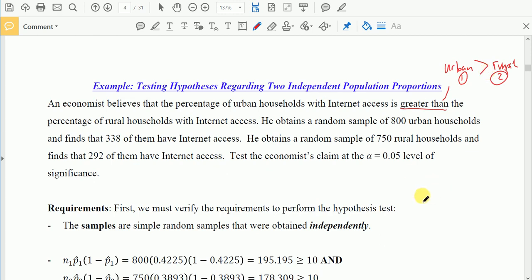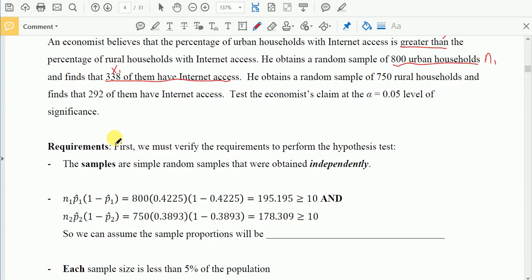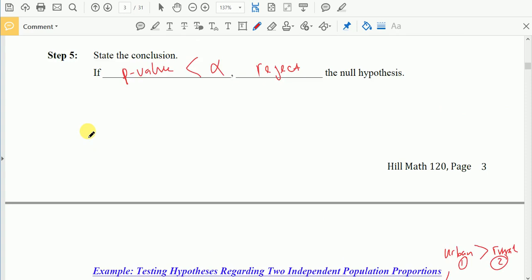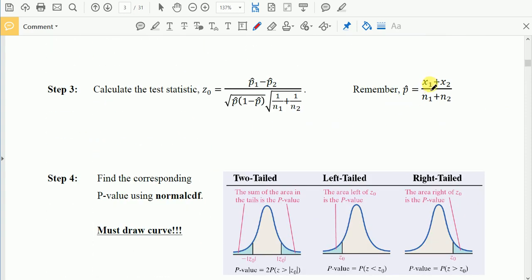Now after they make the claim, he obtains a random sample of 800 urban households. So this one, 800, is the number of samples, or n1. And they find that 338 of them have internet access. That means out of the total sample, this is x1.